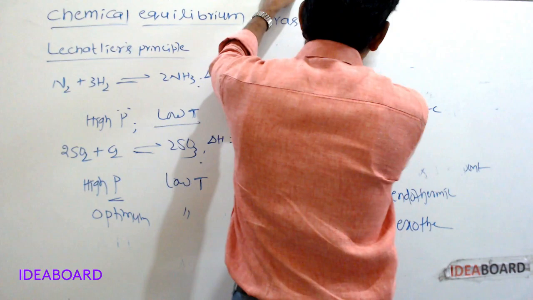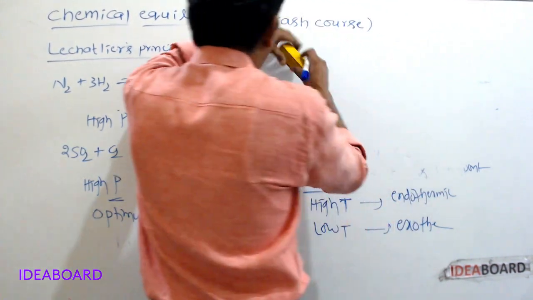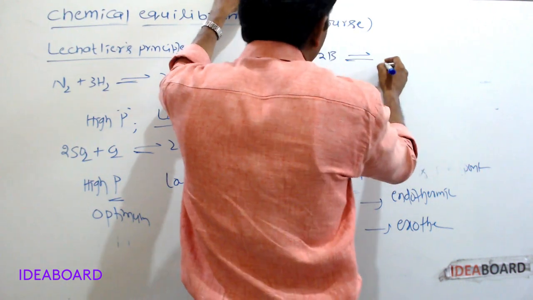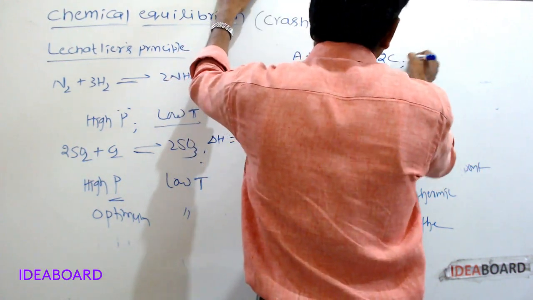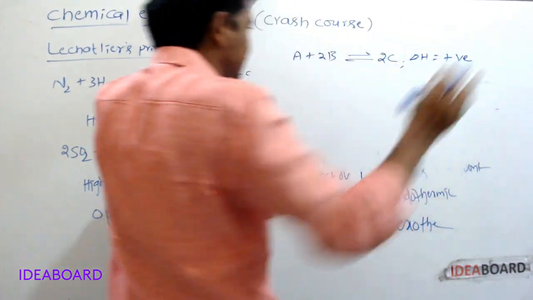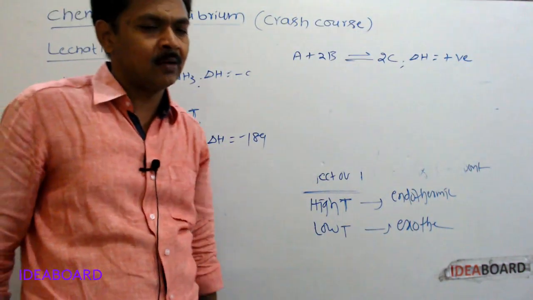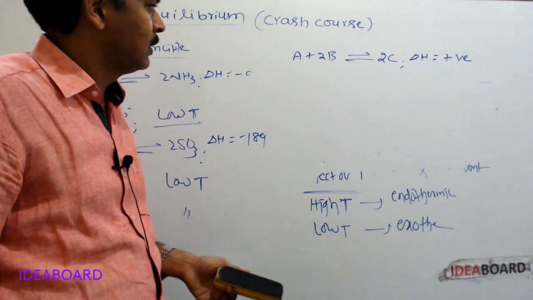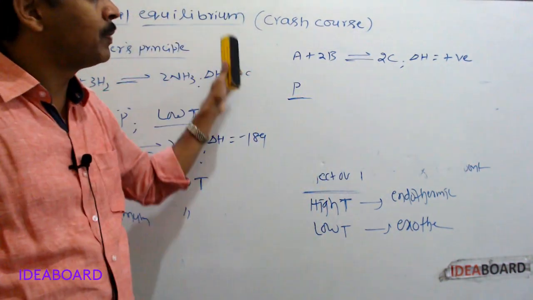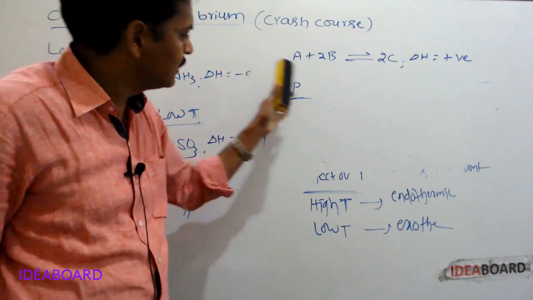Suppose we take one general reaction, A plus 2B gives rise to 2C, delta H is positive. For this reaction, what are the favorable conditions? First, pressure. High pressure is favorable or low pressure? High pressure is favorable.